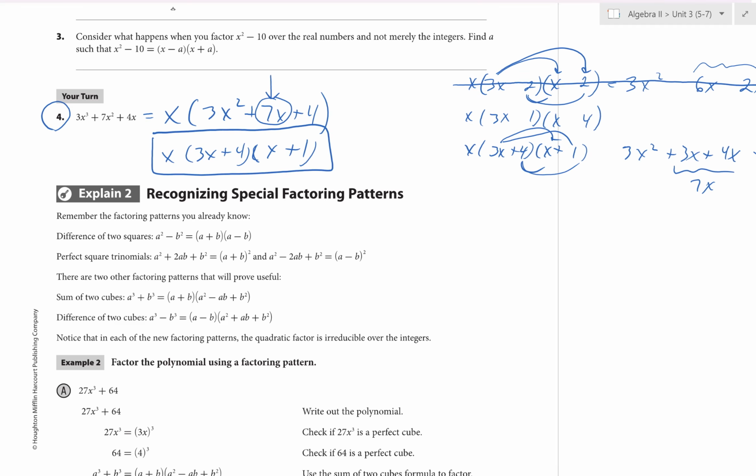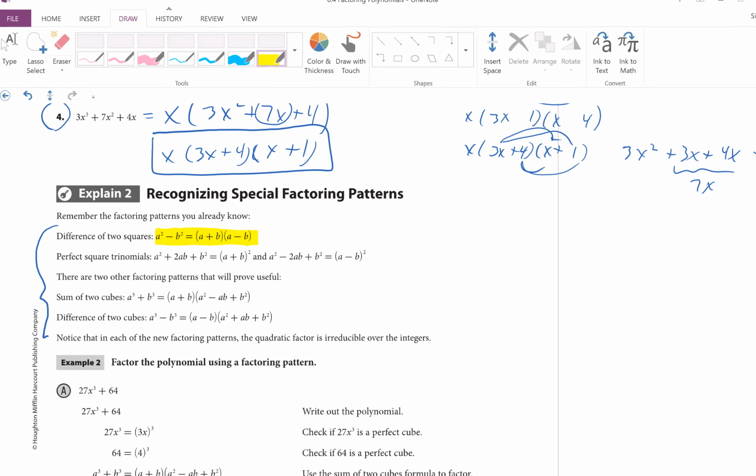Okay, now the next part, they give you all these special factoring forms. Now the first one you should be pretty familiar with from Algebra 1. Difference of squares. So difference of squares should be really easy to factor if you recognize when you have difference of squares.